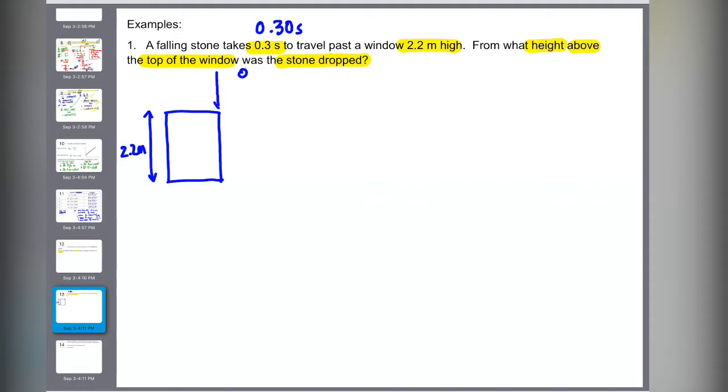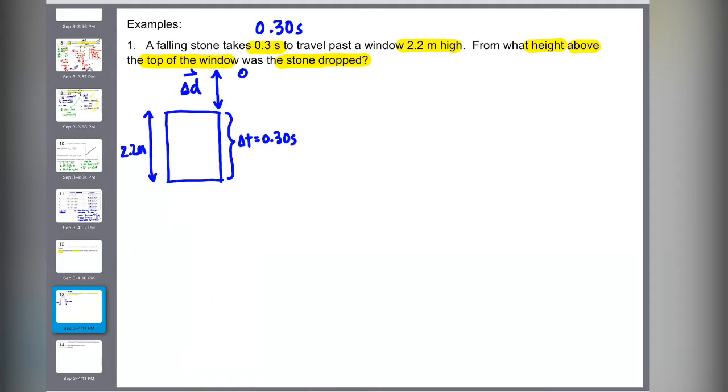The answer they want is the delta D for the top of the stone. What you do know is that the time it takes to go past the window is 0.30 seconds. So I need you to figure out the delta D at the top.